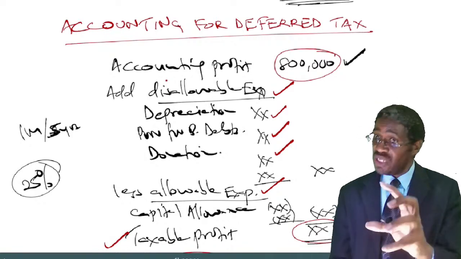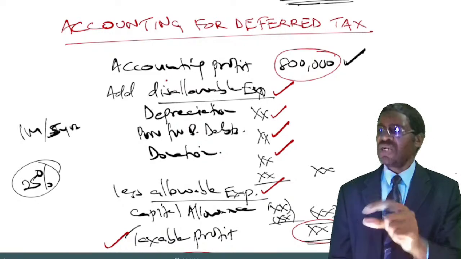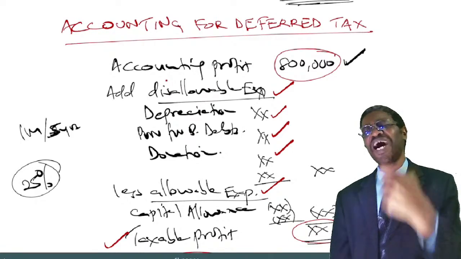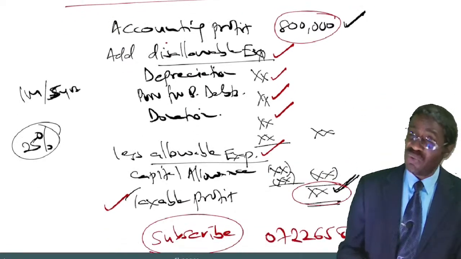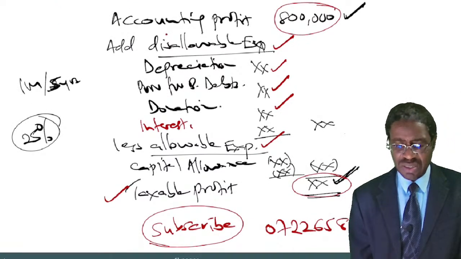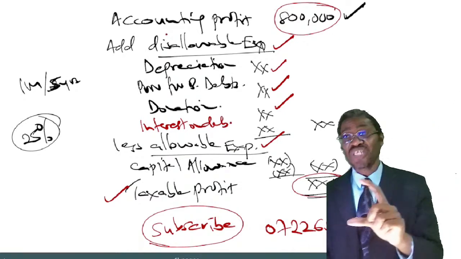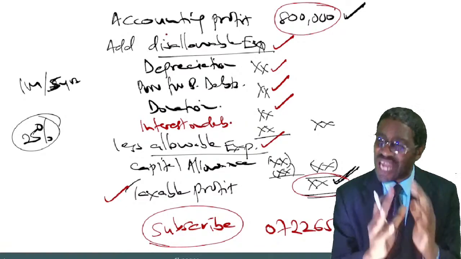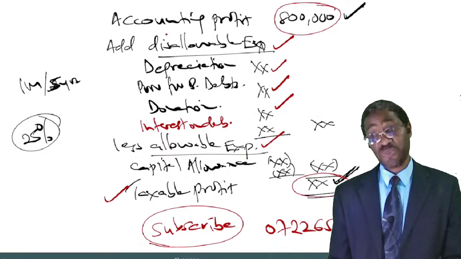When expenses are overcasted, automatically profit is undercasted. So what the taxman will do, he will take my 800 and add back that interest on debenture. So to him, whatever I recognized this year is a disallowable expense.